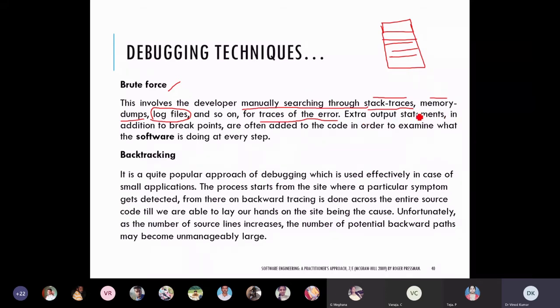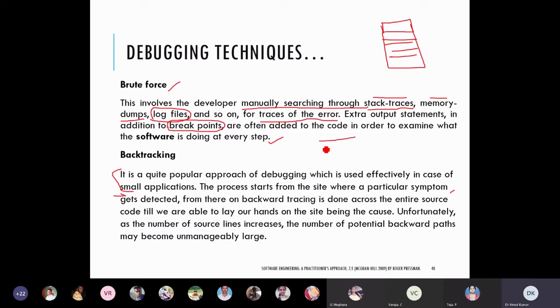Extra output statements, in addition to breakpoints, are often added to the code in order to examine what the software is doing at every step. In C programming, in the Turbo C compiler, you have seen that breakpoints are there. If suppose my code is working up to this place and the problem is at this place, I can put a breakpoint here, execute up to this, and later on check back. So extra output statements, that is printf statements, in addition to the breakpoint, are added to the code to examine what the software is doing at each and every step.